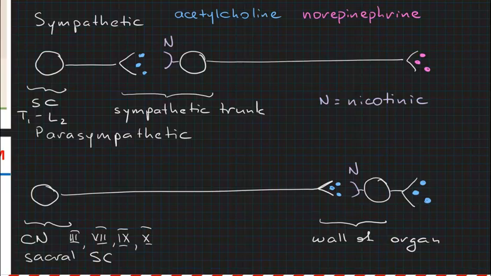Now, what about the receptors for the same acetylcholine, but in the organ? These are muscarinic receptors. Okay? And finally, what about receptors for norepinephrine? That's going to be adrenergic receptors.